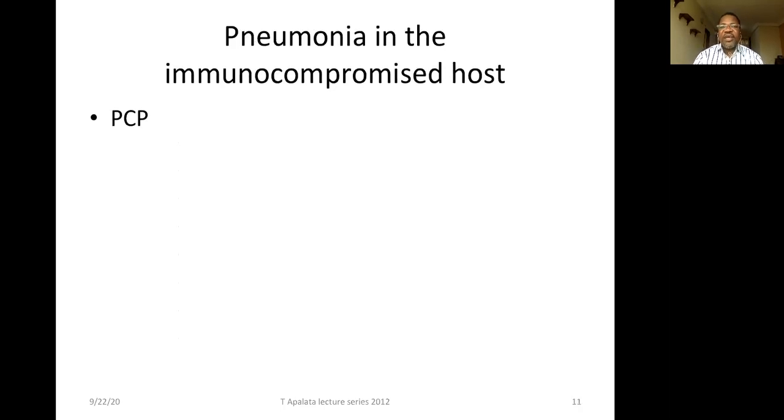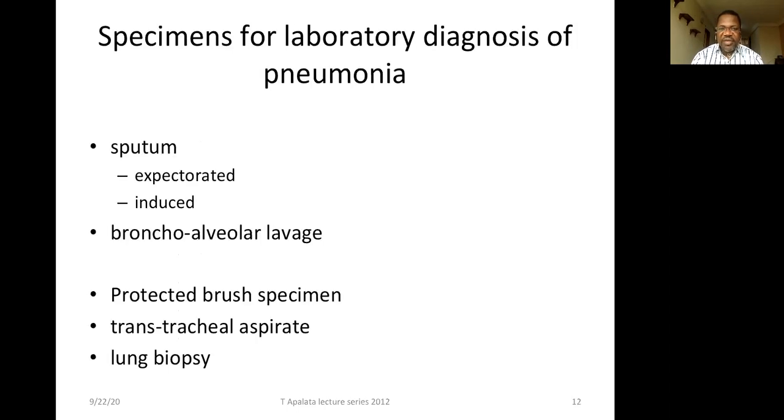Now, we also have pneumonia in the immunocompromised host, and we have mainly pneumonia caused by Pneumocystis jirovecii. That is also a much more severe condition that we can see in HIV infected patients.